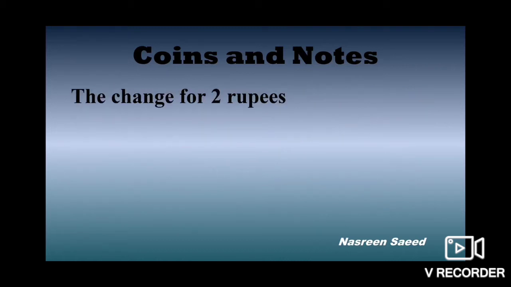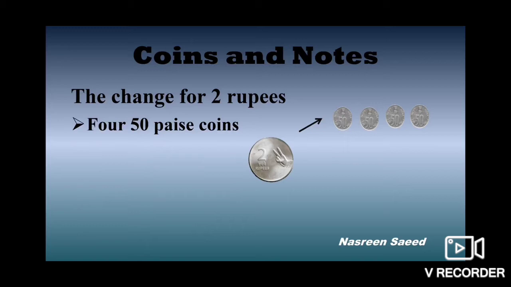Now we will see change for 2 rupees. Now how 2 rupees can be changed? Let us see. For changing 2 rupees we can have 4 50 paisa coins. So instead of 2 rupees we can have the smaller denomination as 4 50 paisa coins. Then we can also have 2 1 rupee coins instead of 2 rupees.